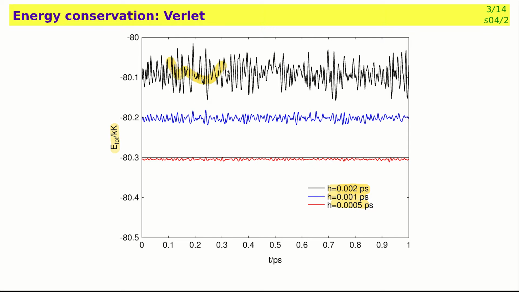The fluctuations are quite large, but still it fluctuates around a certain value. With half the time step, the fluctuations are about 1/4 of this, because it's a second order method, and this is a very tiny time step with very small fluctuations.